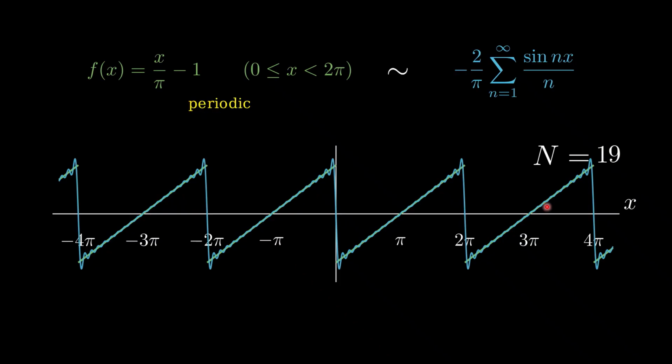At n equals 19, it's fairly close, but obviously with these oscillations at the transition points, where we have this drastic change. But all the same, I think this is a quick illustration that would help someone see how we can use a combination of cosine nx and sine nx terms to approximate periodic functions.